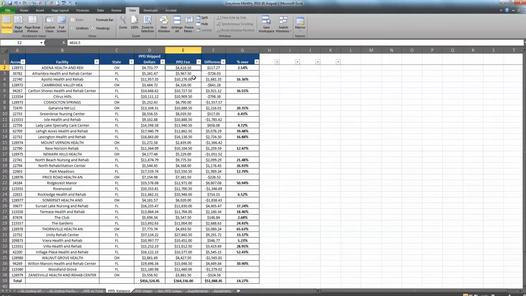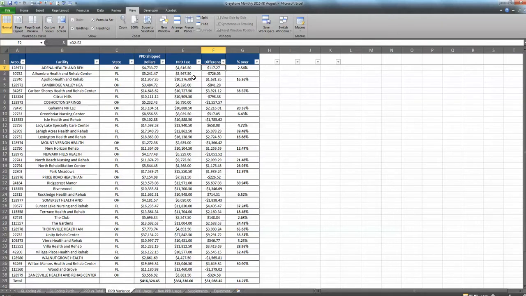So in this example here, it totaled $4,616.50, giving a difference of $117.27. So in this example here, this facility was over receiving cost of goods by 2.54% more than what their PPD fee was.